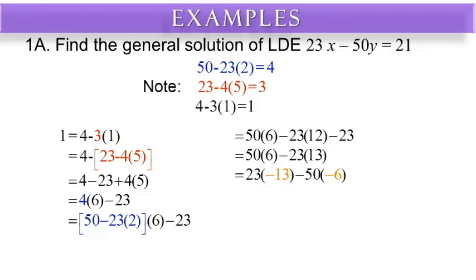And then we'll have 50 times 6 minus 23 times 13. And from the given, 23x minus 50y is equal to 21, so we have to follow it. So it would be equal to 23 times negative 13 minus 50 times negative 6. So our x sub 0 is equal to negative 13, and y sub 0 is equal to negative 6.